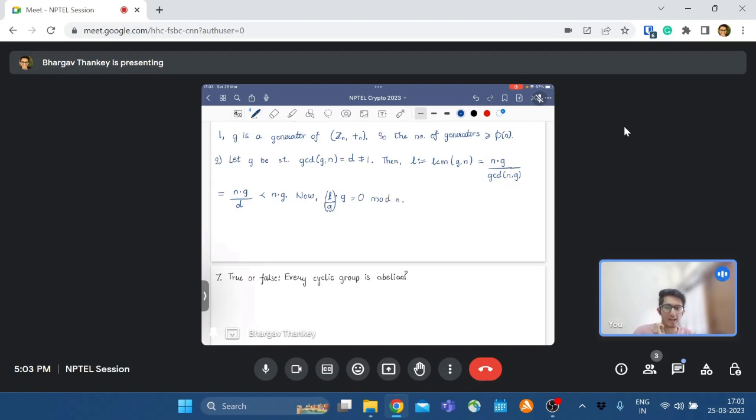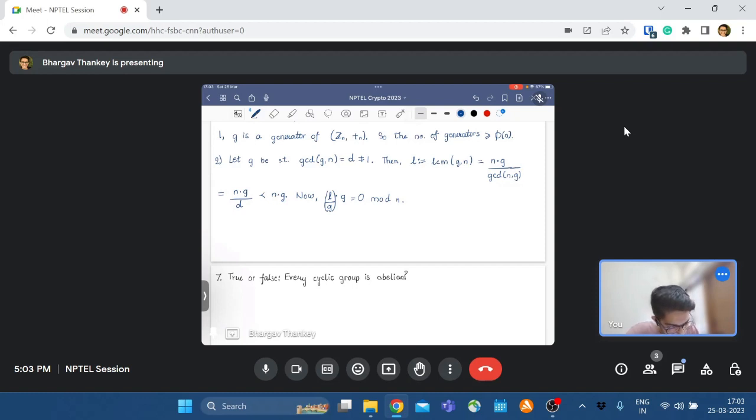Because first of all, L over G is an integer because L is the LCM of G and N, so both G and N divide L. So L over G is an integer and L over G times G is just L. And since L is the LCM of G and N, N also divides L, right? So L is 0 mod N.